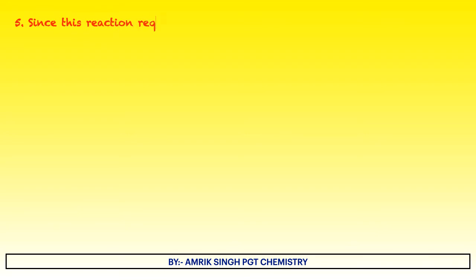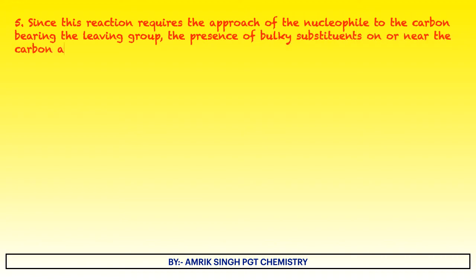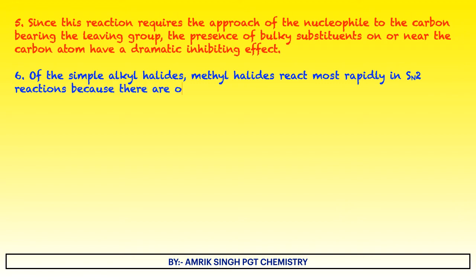Now the next point: since this mechanism requires the approach of the nucleophile to the carbon atom bearing the leaving group, the presence of bulky substituents on or near the carbon atom has a dramatic inhibiting effect. Point number 6: of the simple alkyl halides, methyl halides react most rapidly in SN2 reactions because there are only 3 small hydrogen atoms.